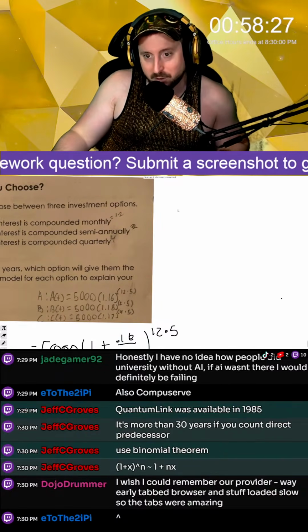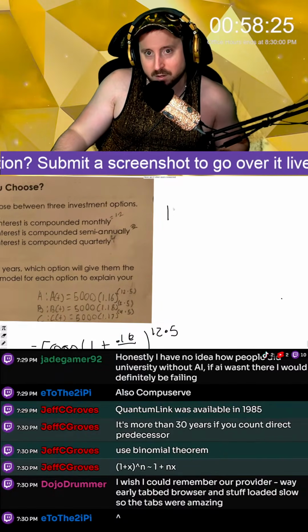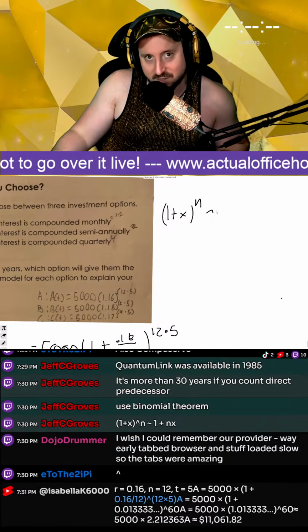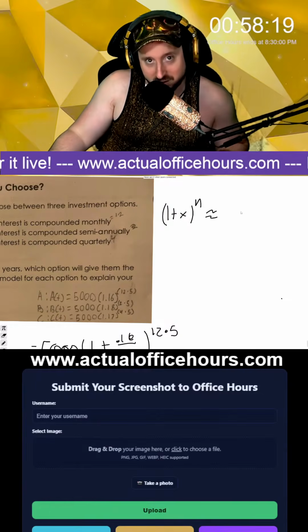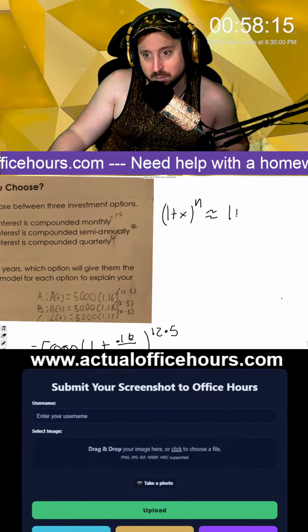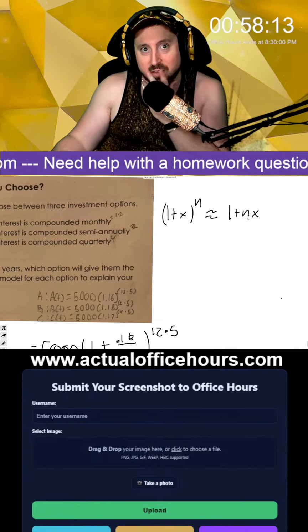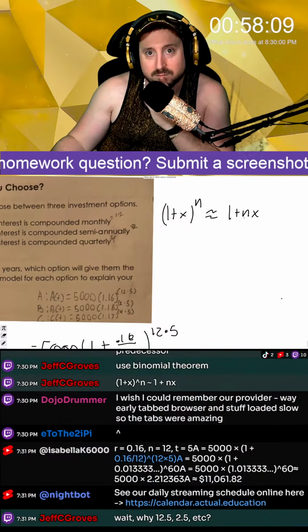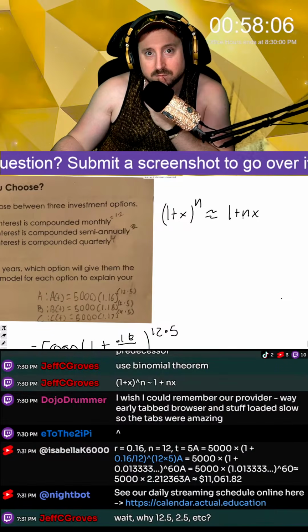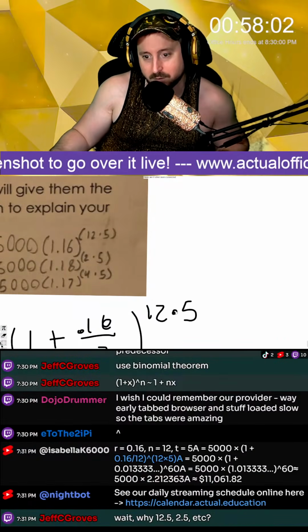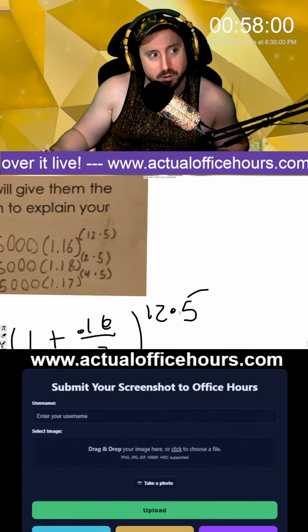Here's another cool thing that we learn. 1 plus x to the n is approximately the same thing as 1 plus n times x. Right? No, it's 12 times 5, not 12.5. Because it's 12 times per year times 5.